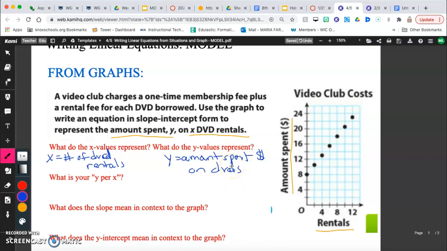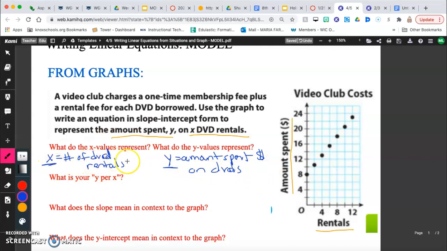We've also talked about that Y per X phrasing. You really need that to be able to figure out the context of your slope. So it's not necessarily that you need it to find slope, but you need it to be able to interpret what that slope means. If you've already determined what the X and Y values represent, this phrasing is not difficult to do. It's always the Y value per the X value. So if I'm looking at what is my Y per X, I know that the Y is the amount spent on DVDs.